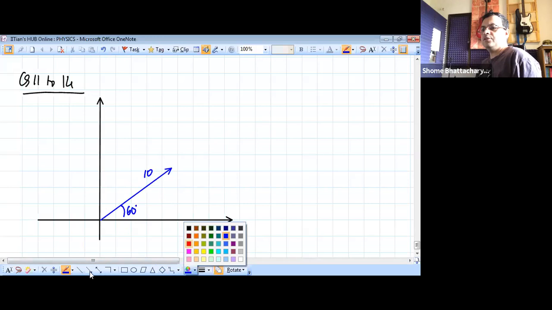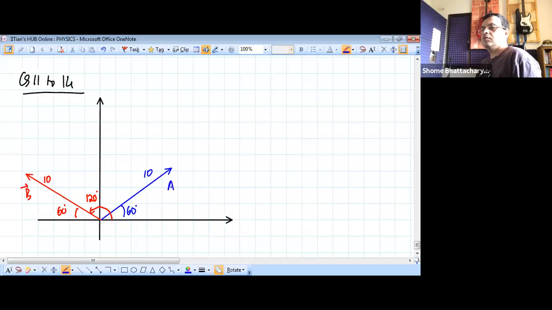B is a vector again of magnitude 10, but an angle making 120 degrees with the x-axis, because the angle with the negative x-axis, this one is 60, which means that this angle is 120 degrees. So that's the vector B. It's magnitude 10. And similarly, we have a third vector C, which is along the x-axis. And its magnitude is 10.